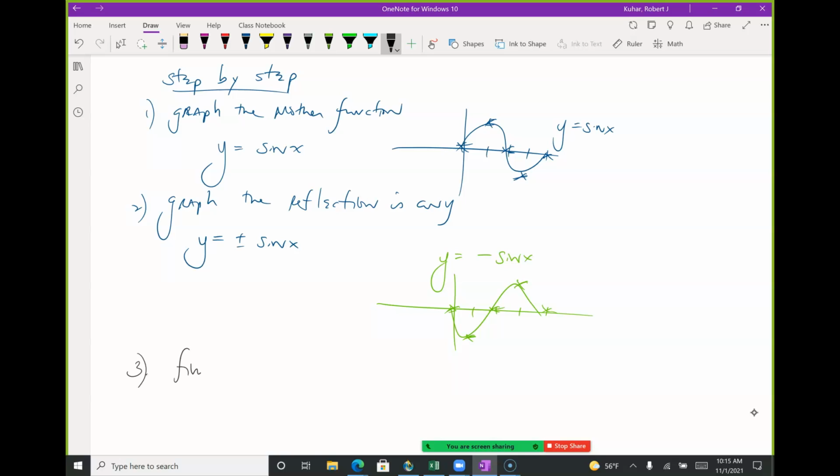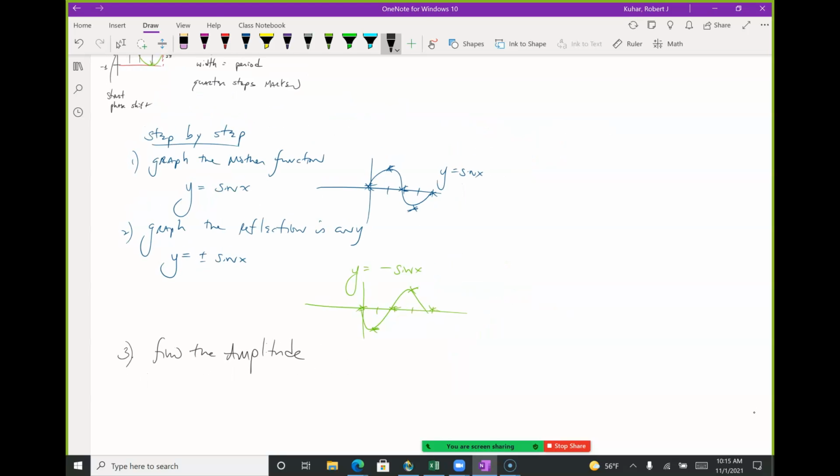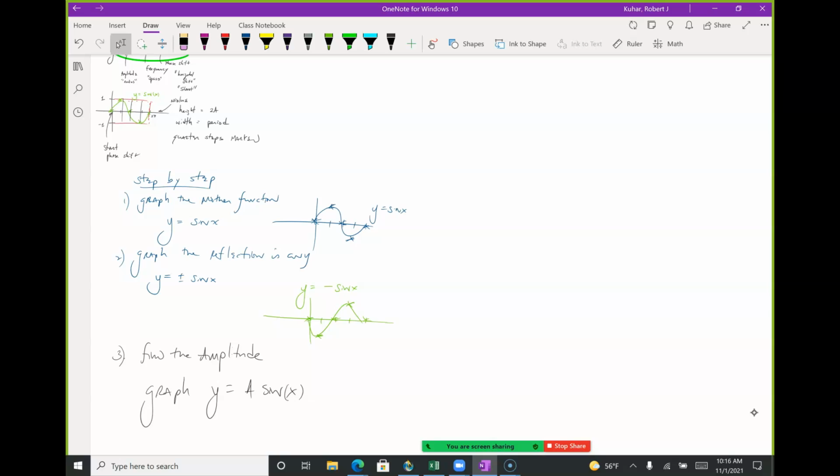Find the amplitude. Graph y equals a sine of x, right? It's easier for me to start with an example here so that as I go step by step, you can see what I'm asking you to do.